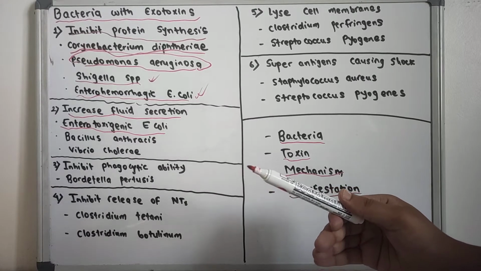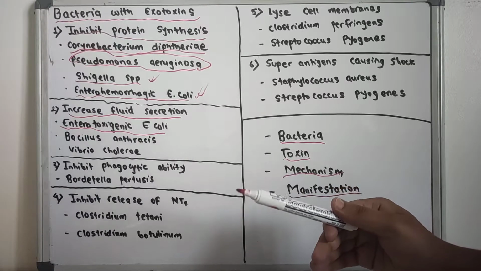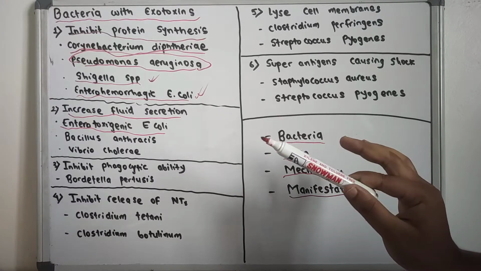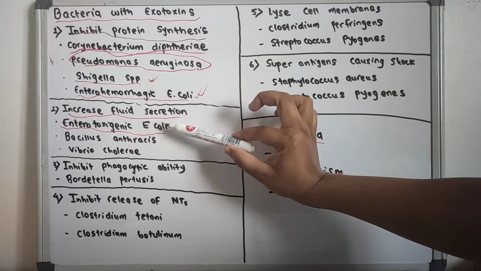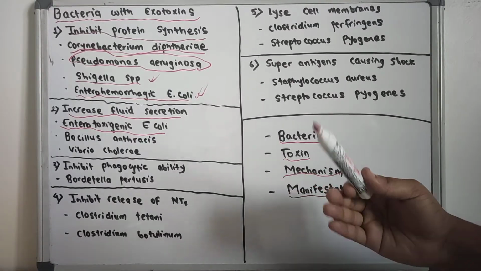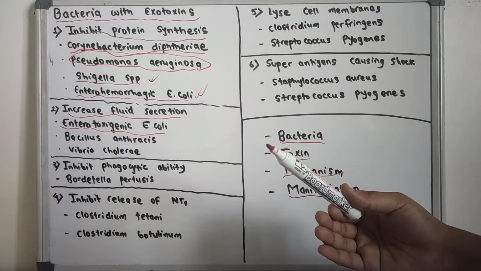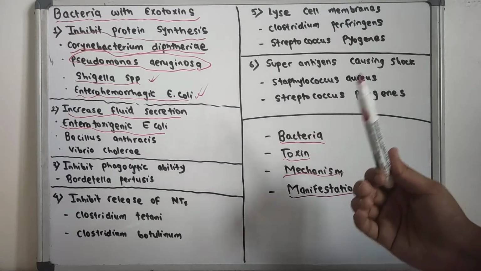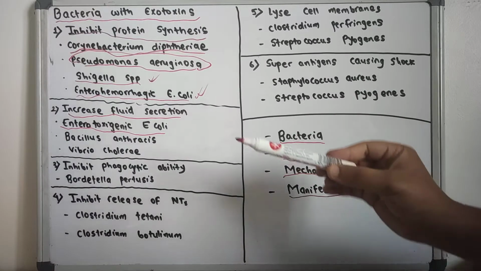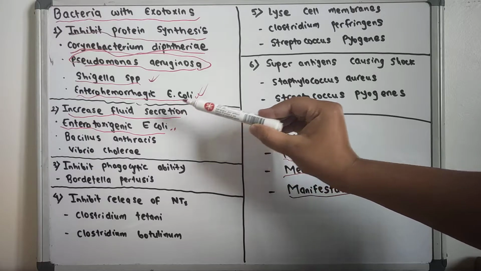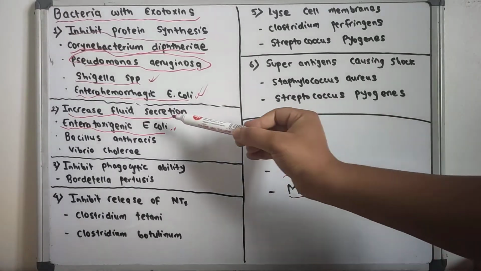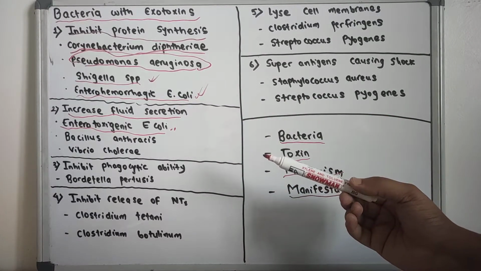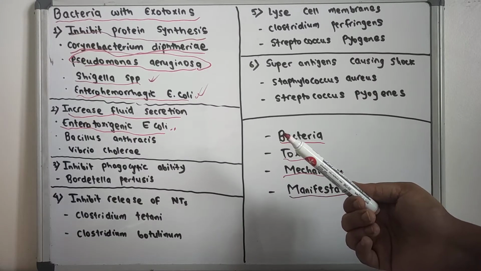This works like this. Again, the enterotoxigenic E. coli secretes two exotoxins. One is heat labile toxin, another is heat stable toxin. Both will increase the fluid secretion.